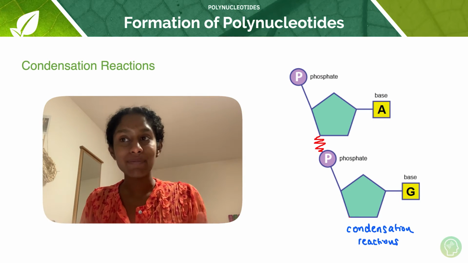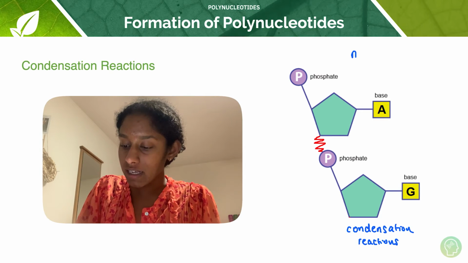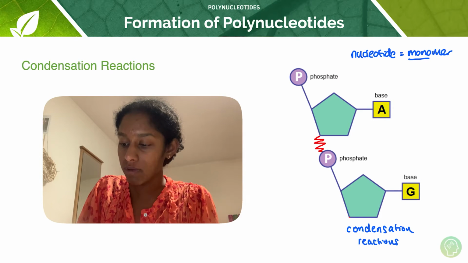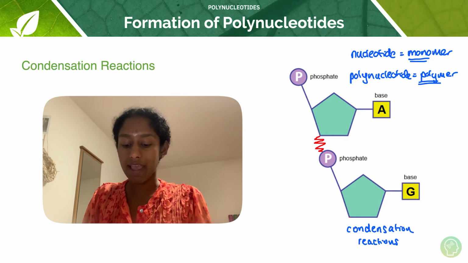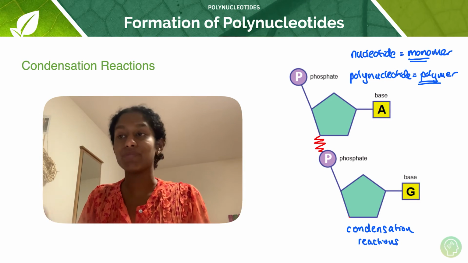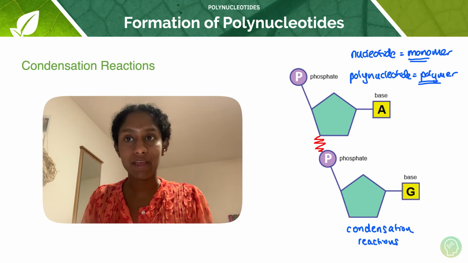Well, in the same way, our nucleotide single unit is our monomer. Remember, mono for one. And our polynucleotide is our polymer. And we're forming our polymer by a condensation reaction to join our monomers together.